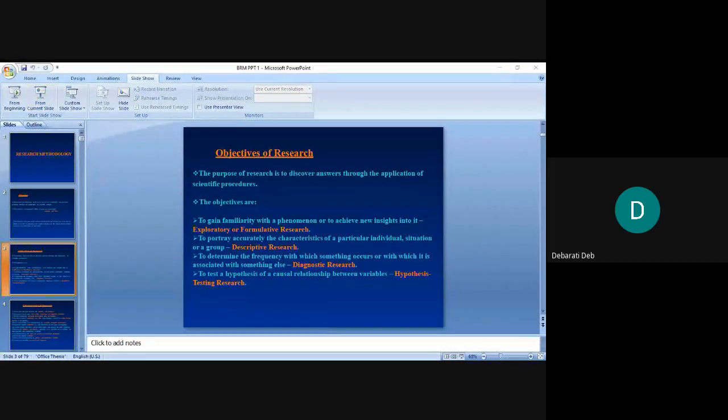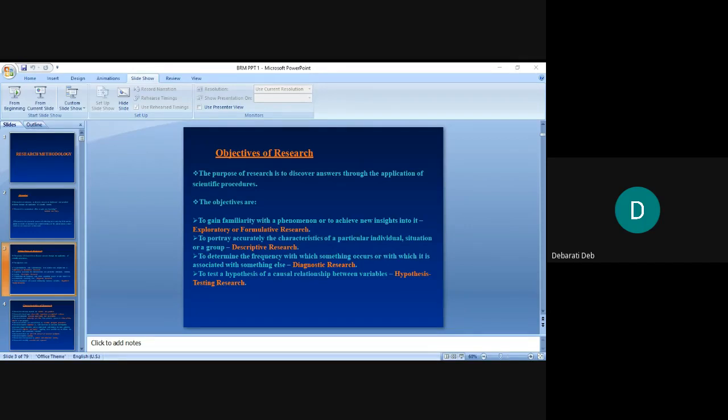Okay. So when you go to research, the very first purpose that we have already learned is to discover the answers through the application of scientific procedure. Scientific procedure doesn't indicate that you have to do some experiments with liquid chemicals, or with the magnetic field, the electromagnetic field or electric field, like that. It is not that.